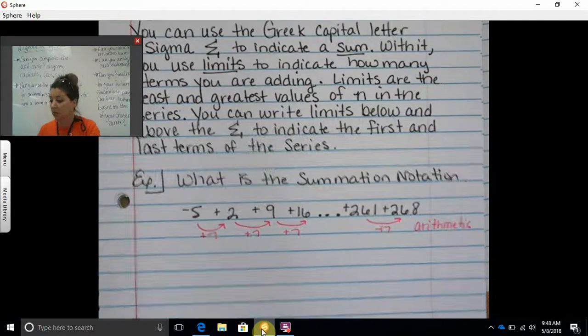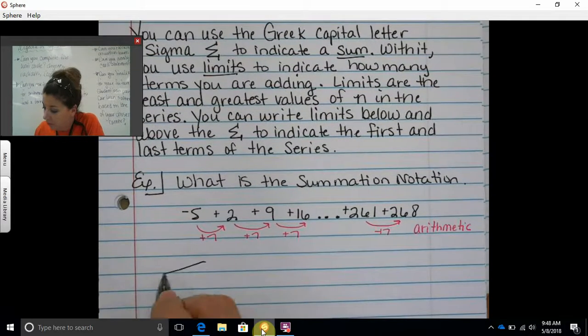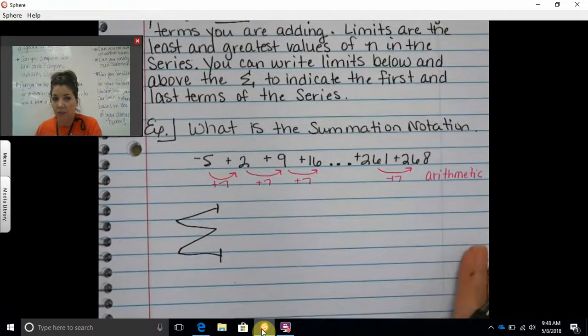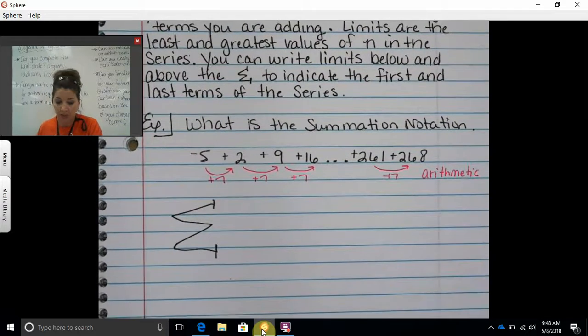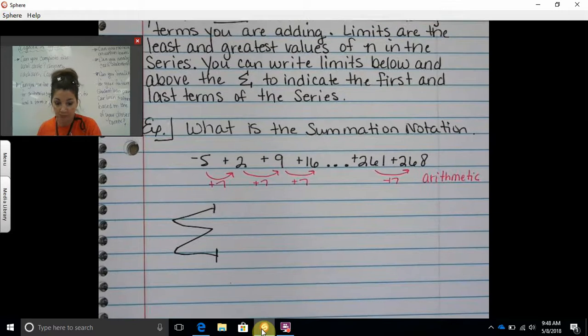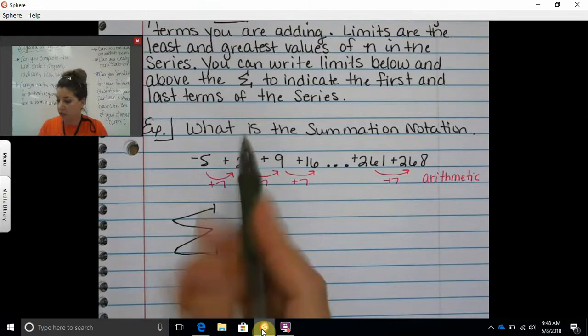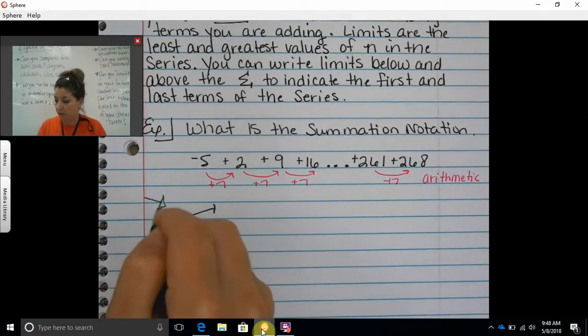So you kind of write a big, I'm writing it big so that I can point out my parts. A big sigma. So the top, we're going to write a number up here. And that represents your upper limit.